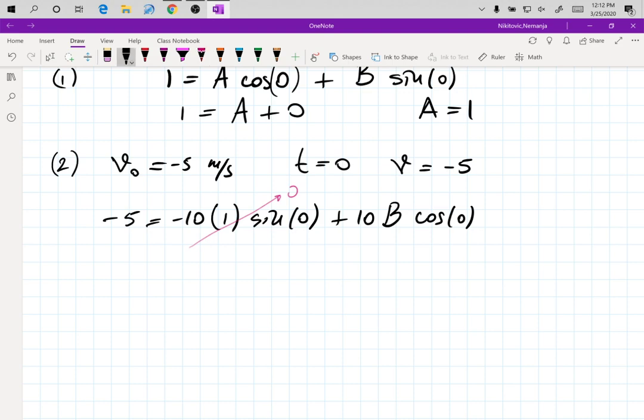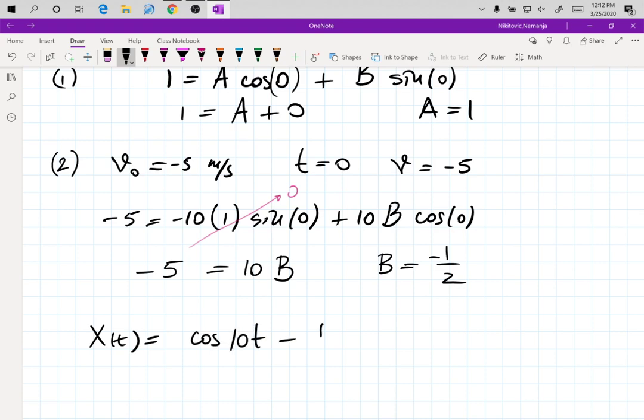And we are calculating negative 5 is equal to 10B, cosine of 0 is 1, B equals negative 1/2. So now we are going to put all of this into our equation of x in time, which is equal to A, which is 1, cosine 10t minus 1/2 sine 10t.